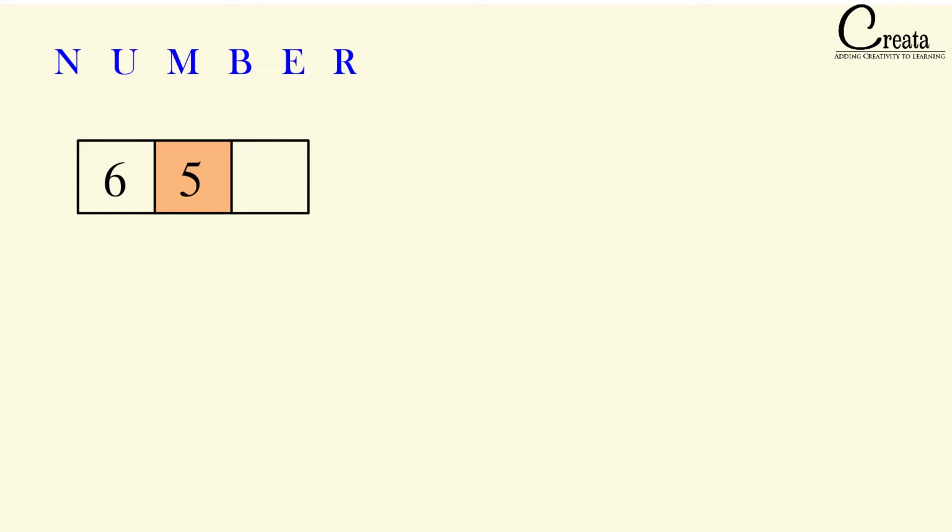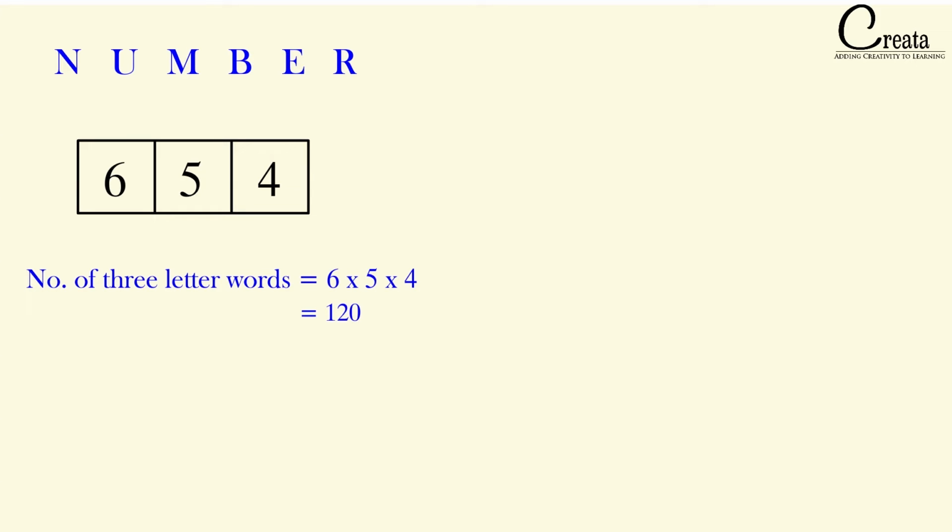Why? Because the first letter has been consumed by the first vacant place. Similarly, the third vacant place can have a total of 4 letters. Got it? 2 letters have been consumed by the first and the second vacant places. So we got our answer as 6 into 5 into 4, that is 120.